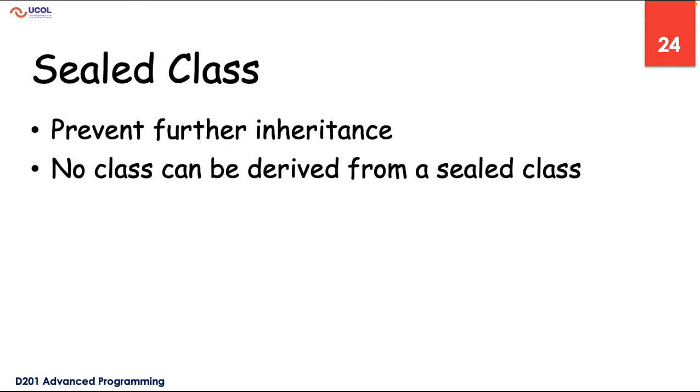Then we also have the concept of sealed classes. A sealed class is a class which cannot be a parent class of any other class, so it cannot be further subdivided. Because there is no possibility that we will have different types of squares, we can say that it is a sealed class.